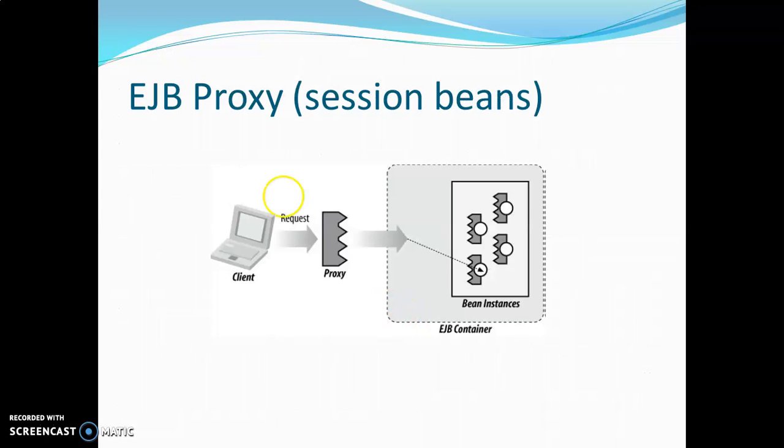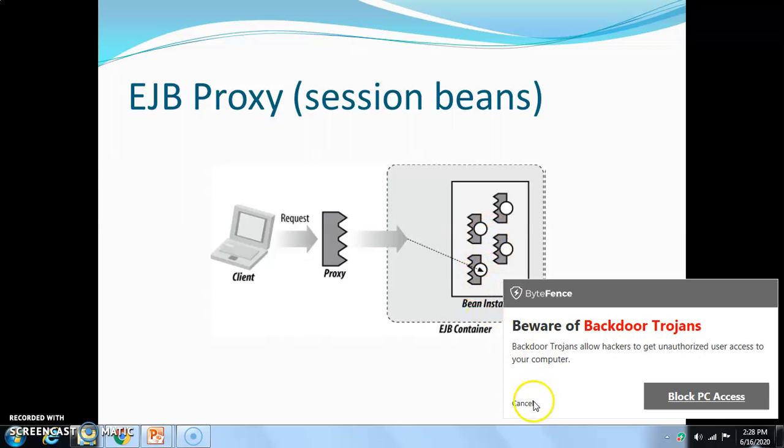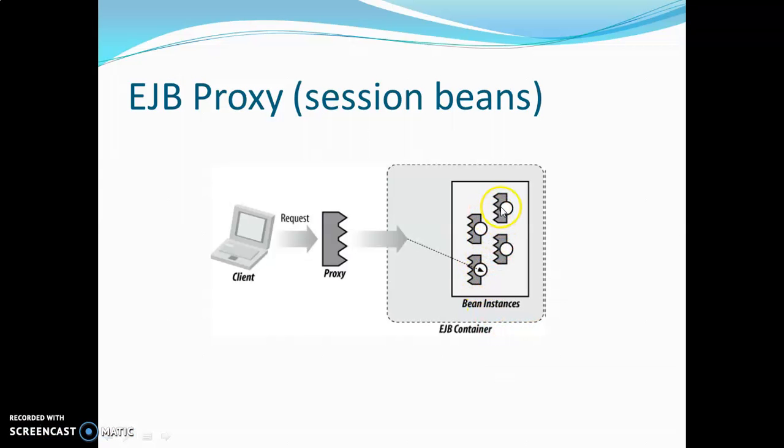So next, as I said previously, let us consider that there is a client which is trying to make this server request, and there is a container with a handful of bean instances. So this is one instance, this is one instance, and there are many others.